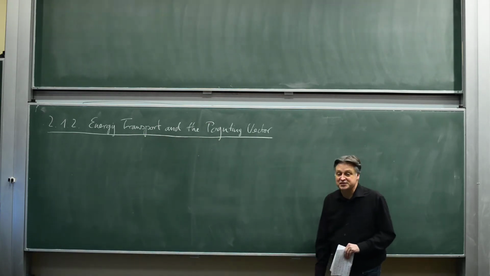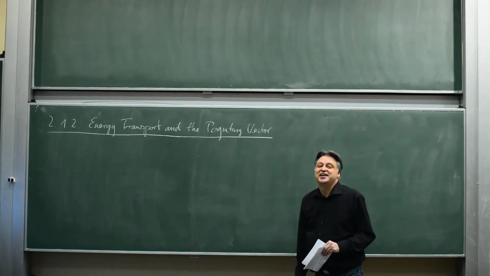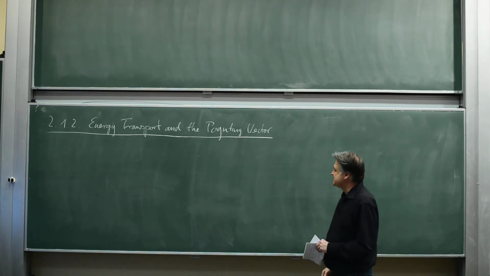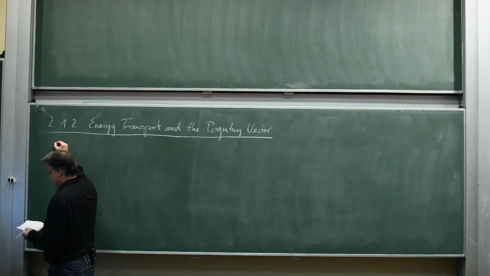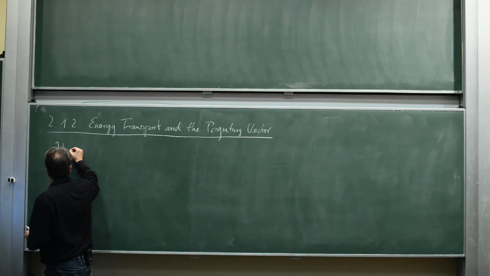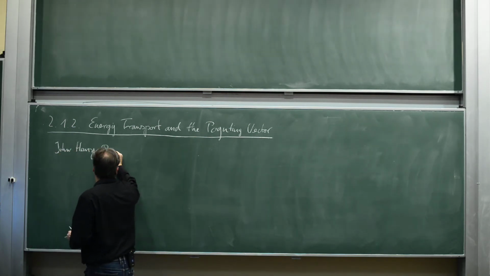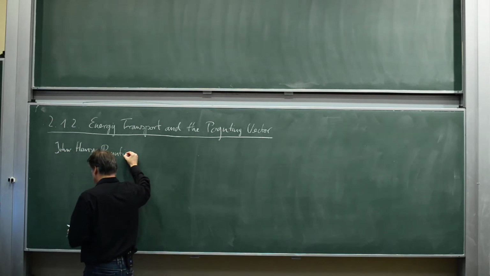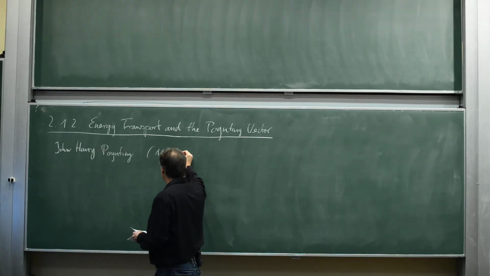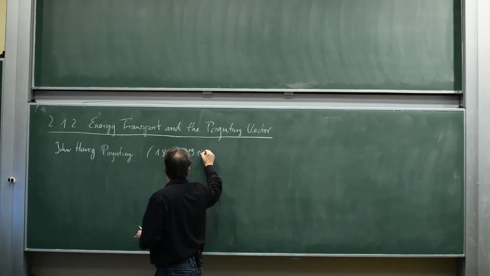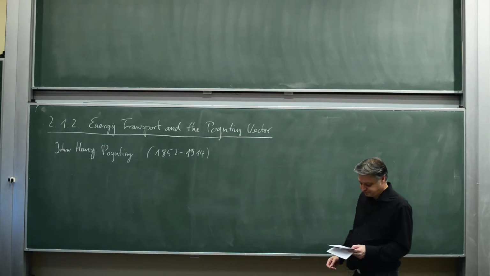So when I was a student, I was asking myself all the time, why is that vector pointing at something? No, that's not true. It's the name of a scientist, John Henry Poynting, 1852 to 1914, and he was a professor in Birmingham.